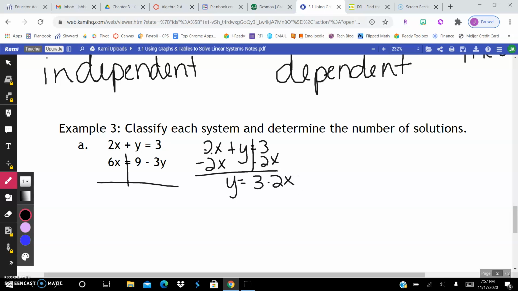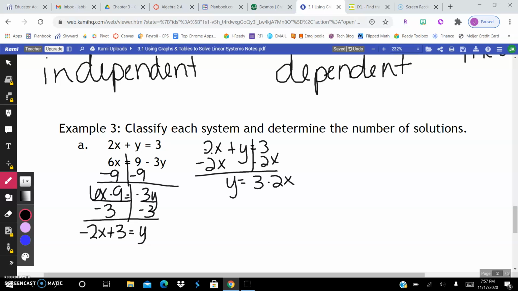Over here, to solve for y, I'm going to have to minus 9. And then I'm going to have to divide by a negative 3. So 6 divided by negative 3 would be negative 2 with the x, and negative 9 divided by negative 3 would be a positive 3, and that would leave me with y.